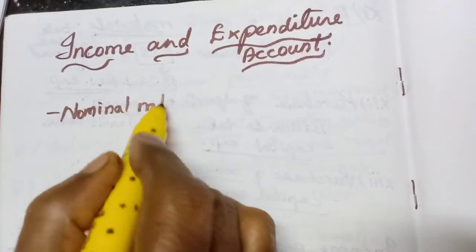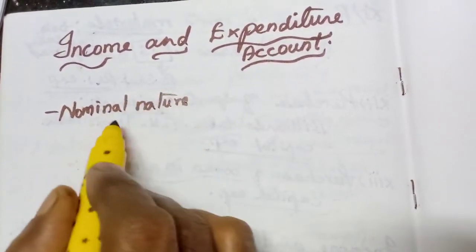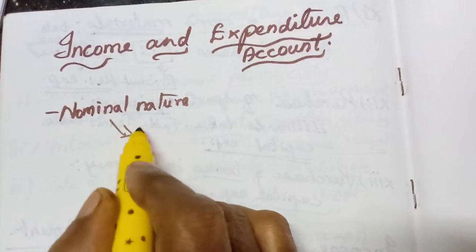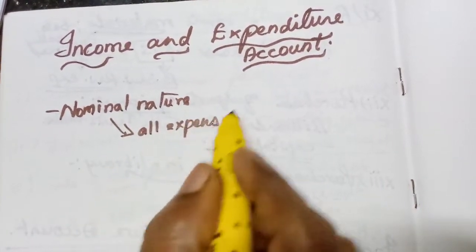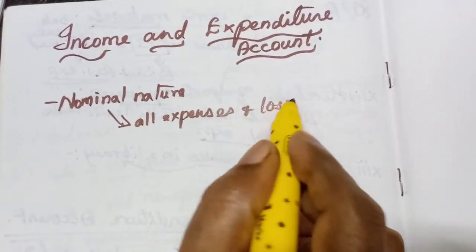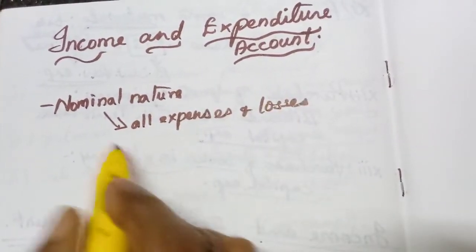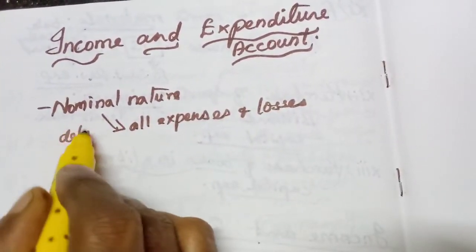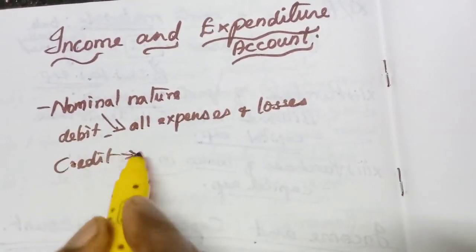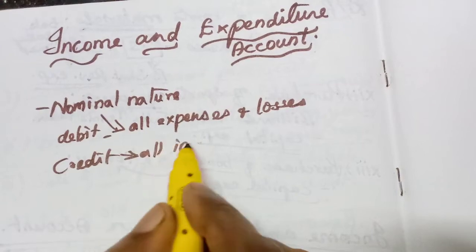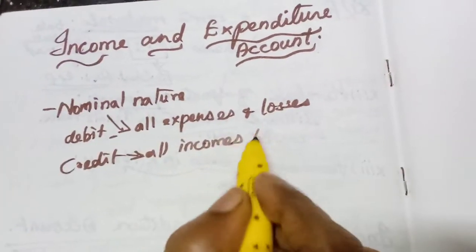We have studied that in a nominal account we debit all expenses and losses, and credit all incomes and gains.